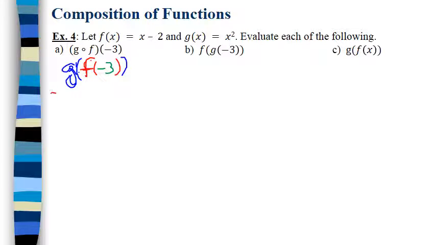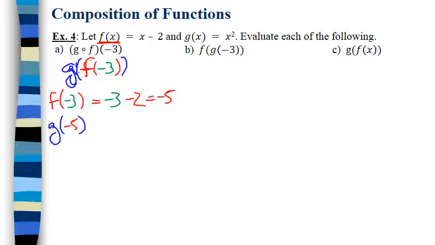So if we evaluate f of negative 3 first, the function f of x says take the input and subtract 2. So we're going to take the input of negative 3 and subtract 2, and we get negative 5. So if f of negative 3 is negative 5, that means I want to evaluate g of negative 5.